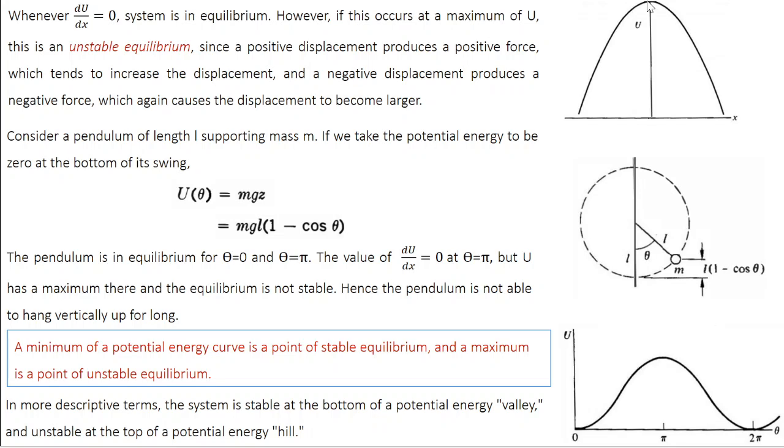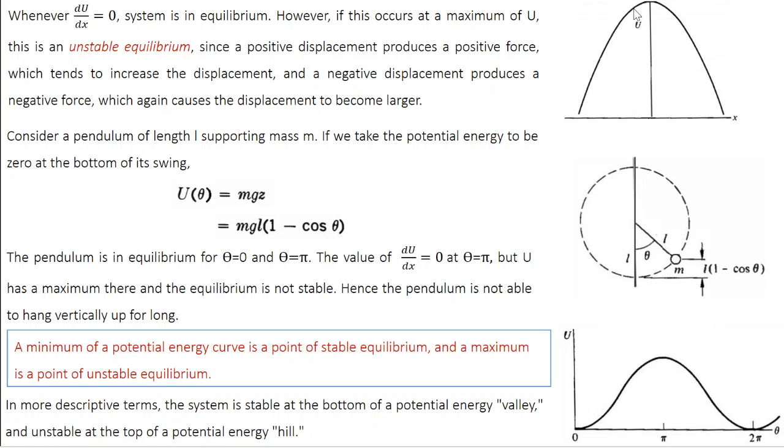In the same way, if you displace it slightly towards the left, what happens? Here u is decreasing, x is also decreasing, so du by dx is positive, consequently force is negative. And what's the meaning of a negative force? If you make a displacement in the minus x direction, then the negative force will work in such a way that it tends to increase the displacement further in the negative direction.